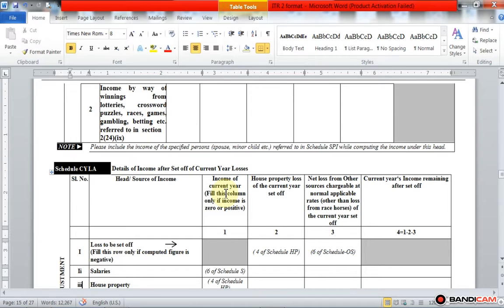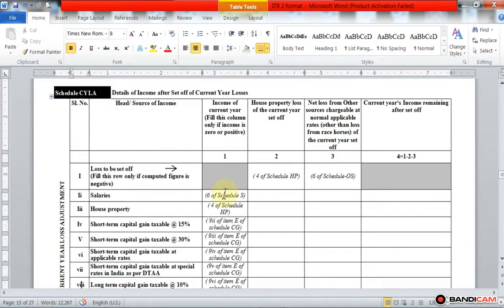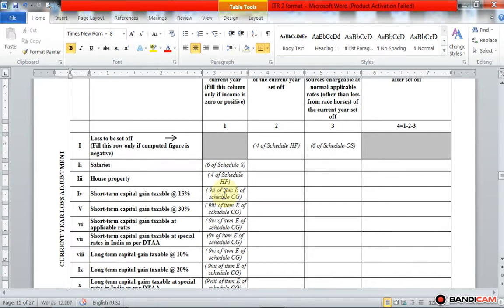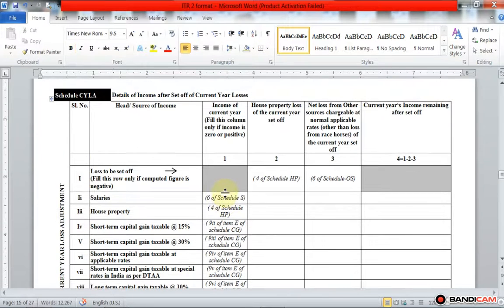Then Schedule CYLA, that is details of income after set off of current year losses. Here we already studied the set off and carry forward of losses. It means we have to set off the losses, that is intra head and inter head. Intra head means within the same head the loss can be set off.